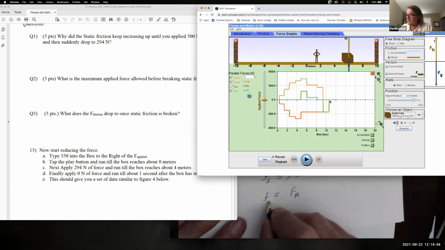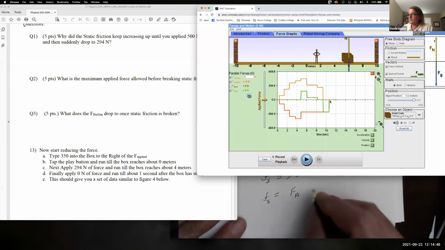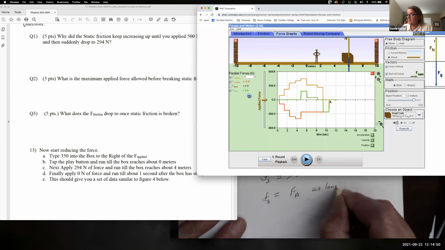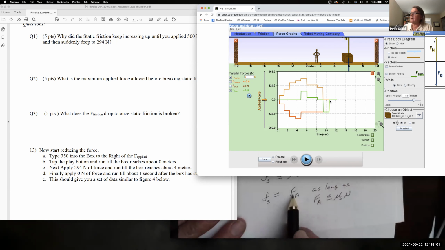As long as F applied, the net applied force, is less than or equal to mu sub s n, it equals F applied. We only have one applied force in this case.